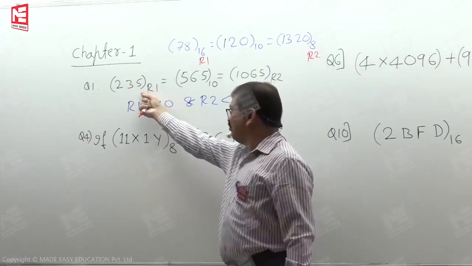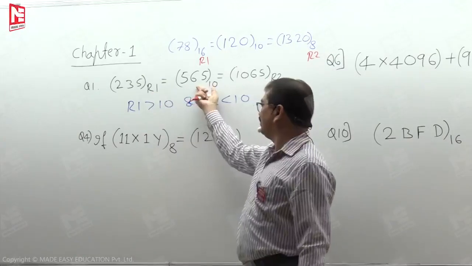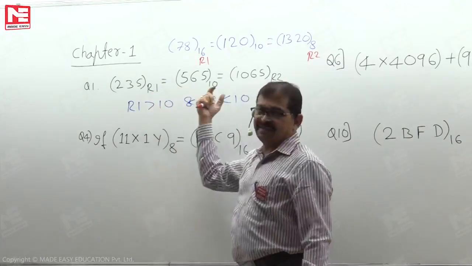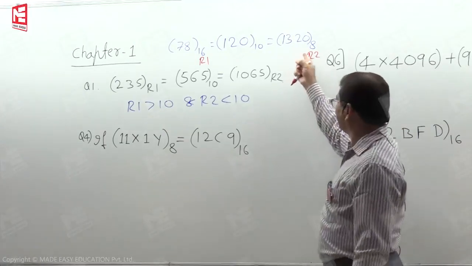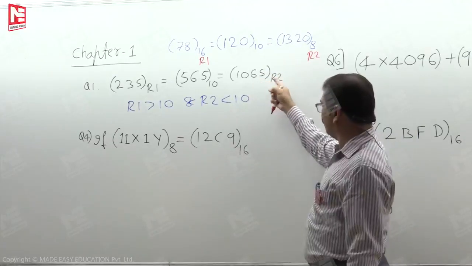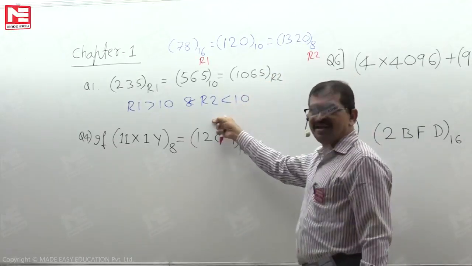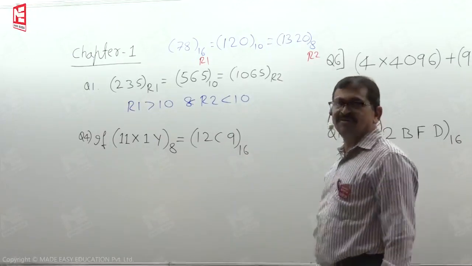So the representation with radix R1 is shorter if and only if R1 is greater than 10. Here the number of digits is more if and only if R2 is less than 10. So that is the conclusion.